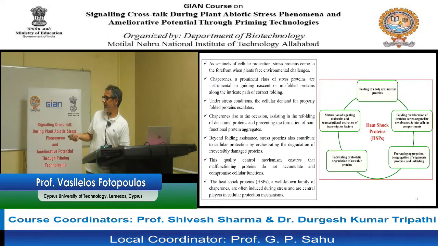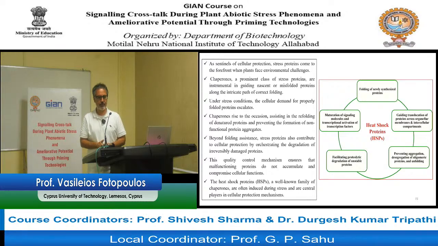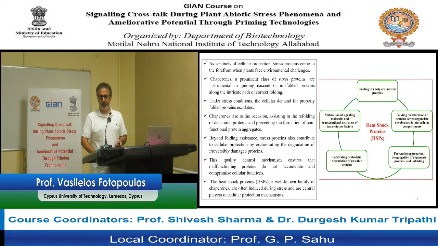They facilitate proteolytic degradation of the unstable proteins that are usually resulting from the damage due to reactive oxygen and nitrogen species excess. And also they mature signal molecules and activate transcription factors. So as you can see, a broad array of functionality that is important for the response of the plants to the stress.